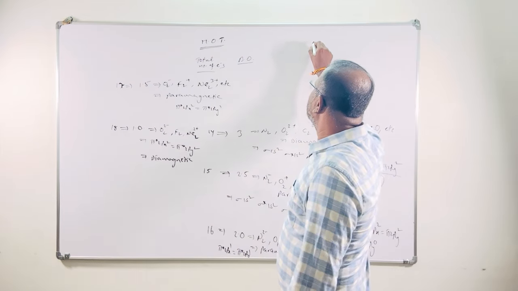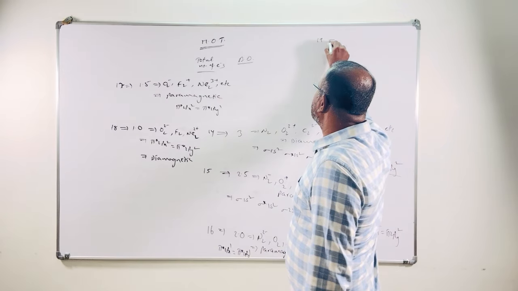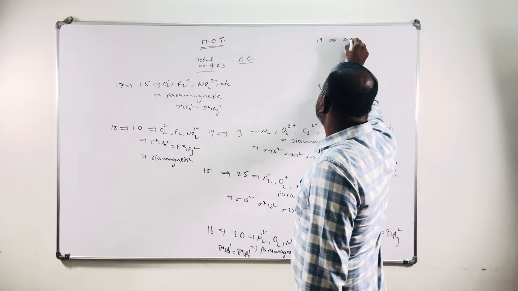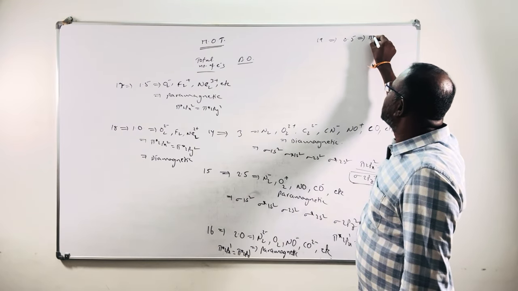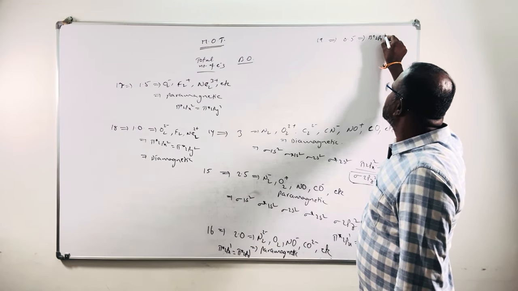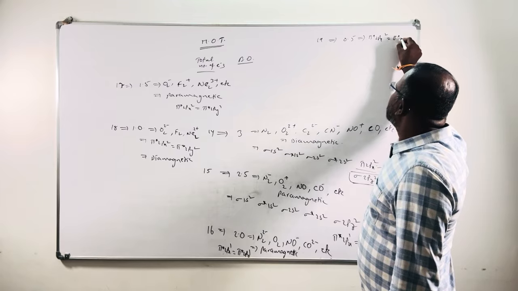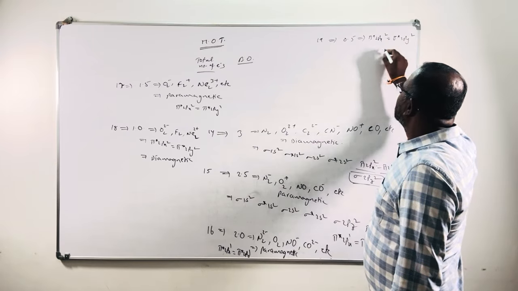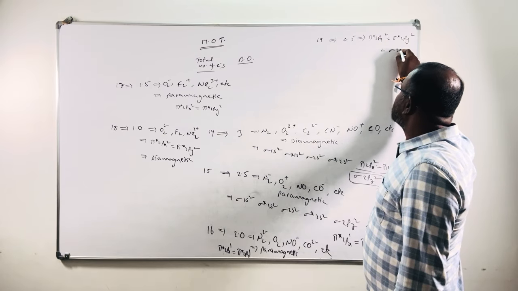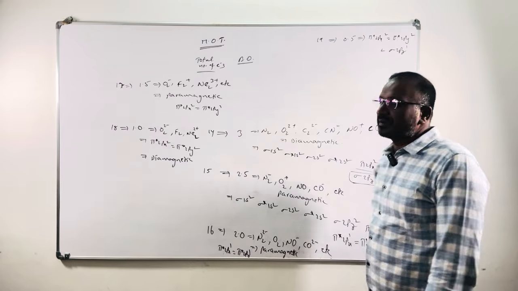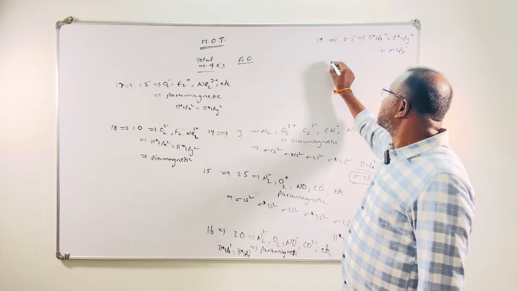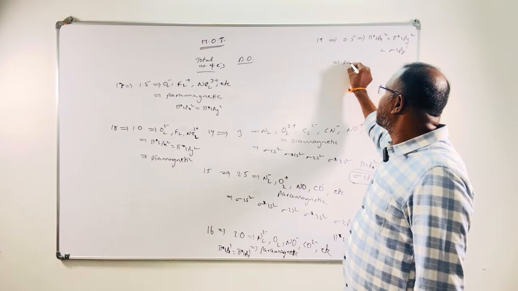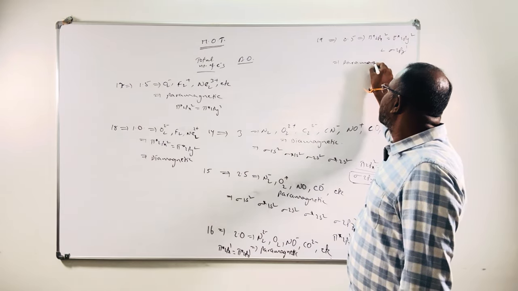For 19 electrons, bond order will be 0.5 and the last configuration will be pi star 2px2 equal to pi star 2py2 and less than sigma star 2pz1 will appear. In this case also one unpaired electron is there, so it is paramagnetic.